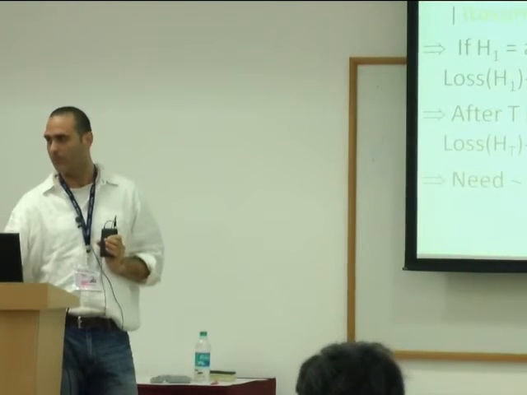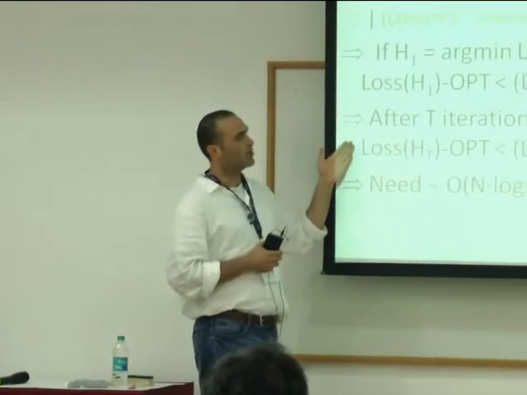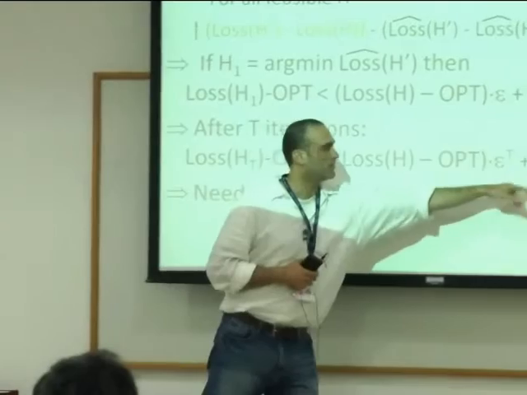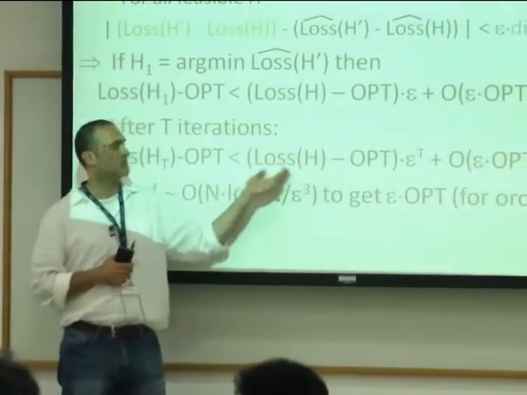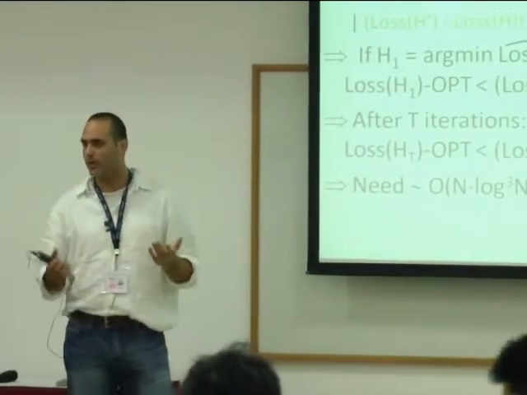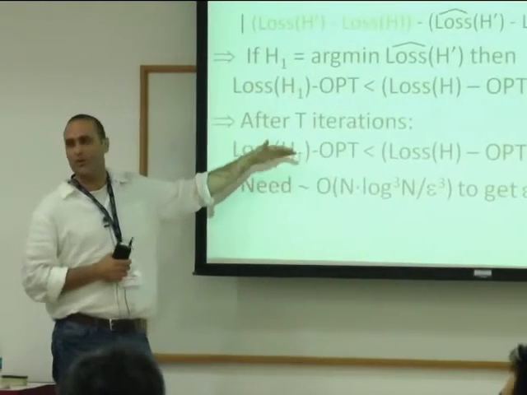Okay, 5 minutes, great. So the conclusion: if you want epsilon times opt in the end, you want t to be something logarithmic. The original regret was at most n squared, so you can figure out what the number of iterations should be.